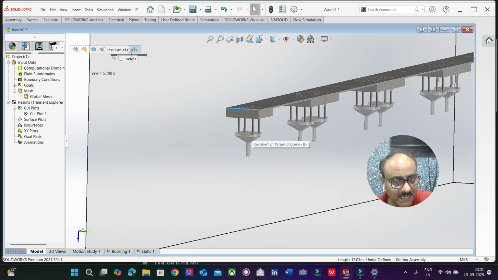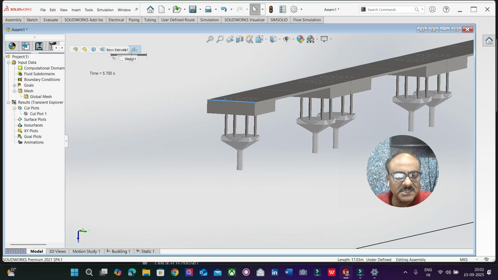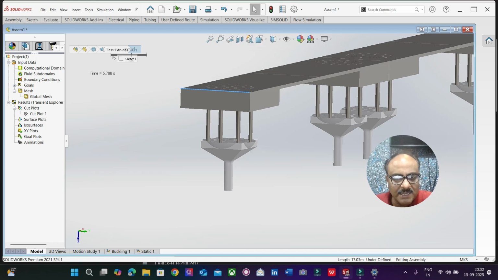Now, why am I calling it a pier? Above the pier I have got columns, and there is a specific reason that the structure is built like this. At some part of the year there is a chance for this particular river to overflow. When it overflows, it shouldn't be dangerous.